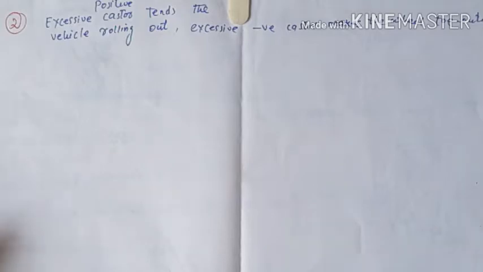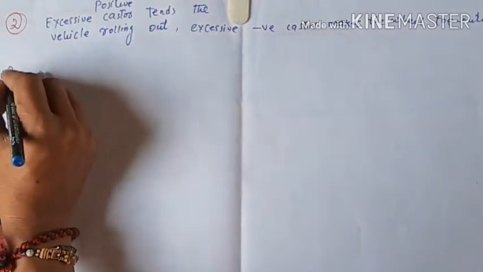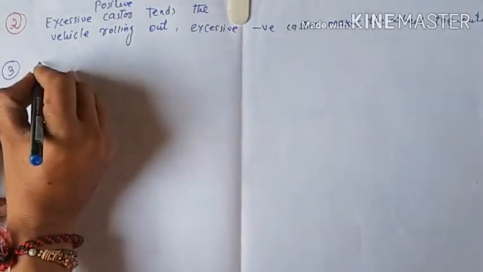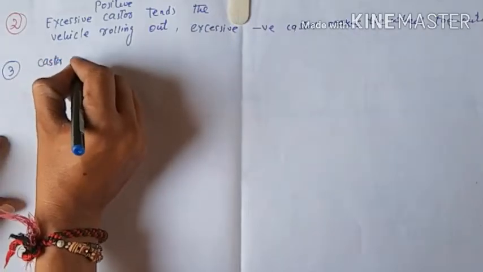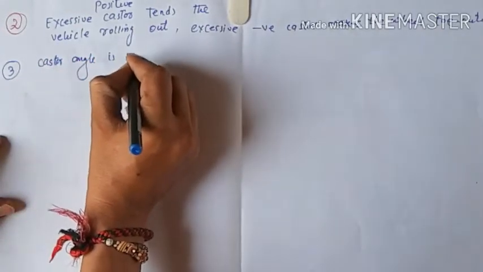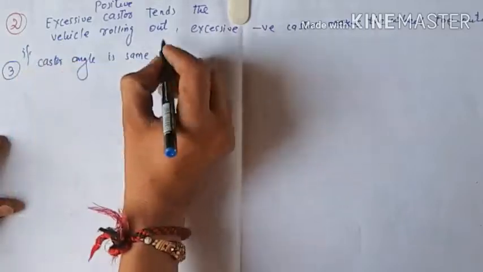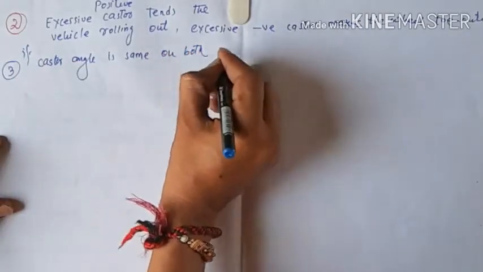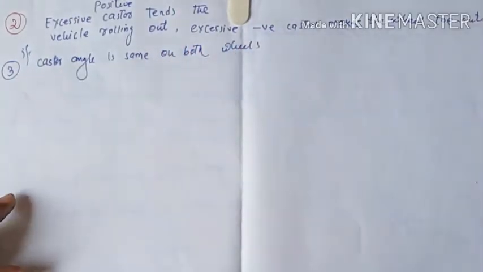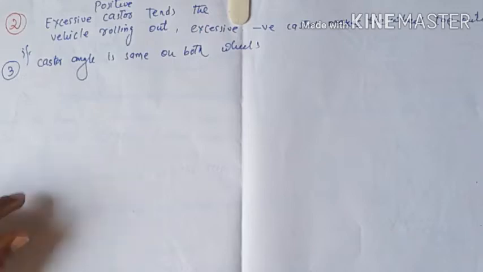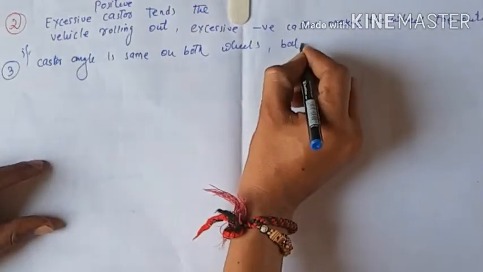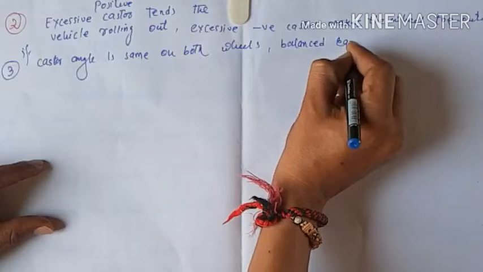And the third one is, if the caster angle on both wheels is the same, both will be equally balanced. What I am saying is, if the caster angle is the same on both wheels, then both wheels are balanced equally, remember.